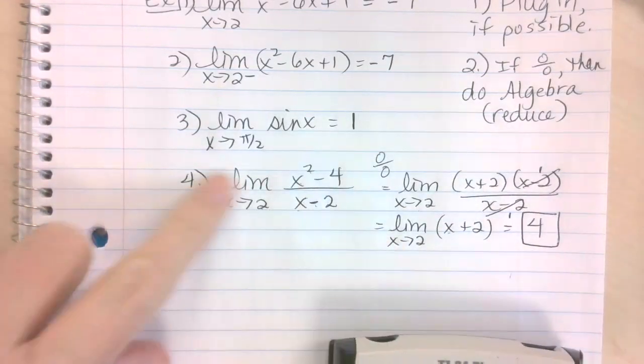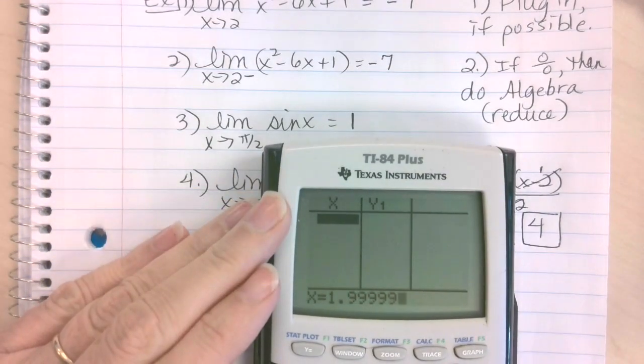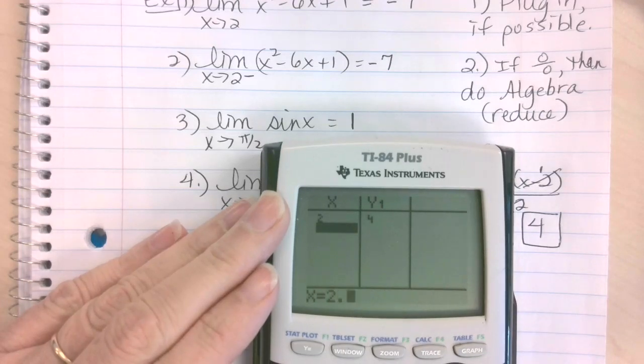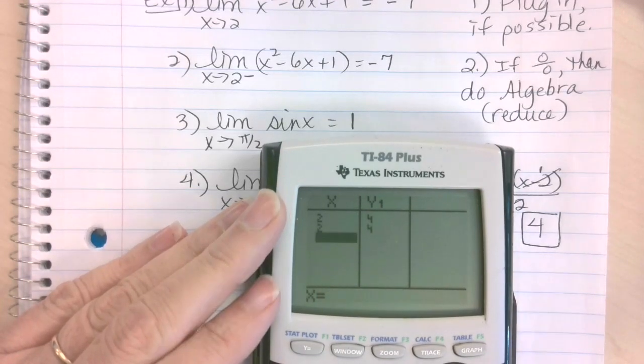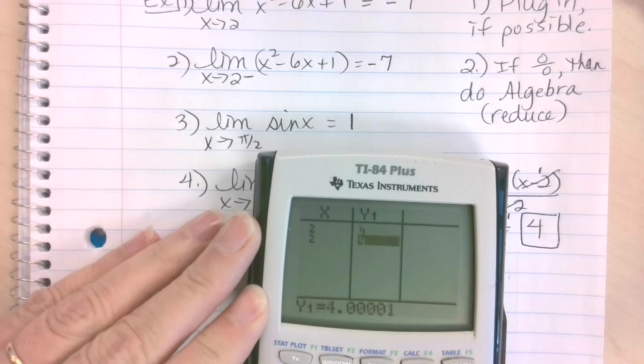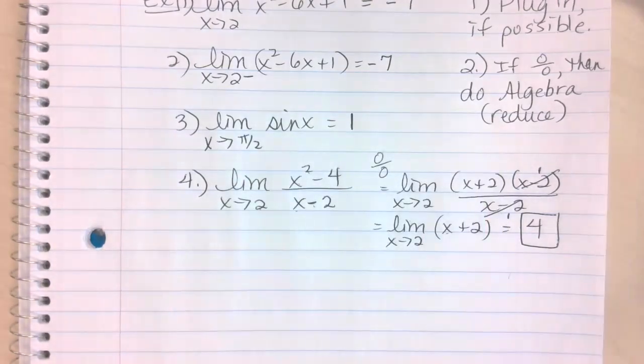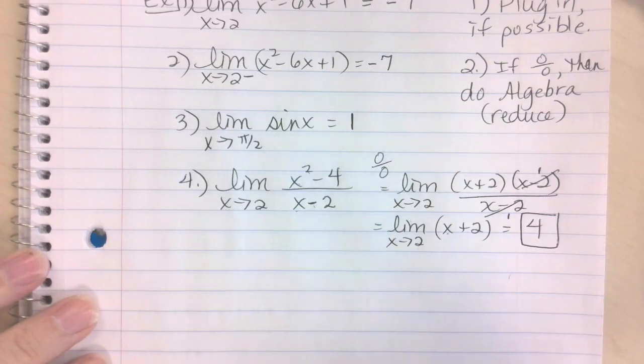And we want to put numbers to the right and the left of 2. 1.99999, 2.00001. Looky there, both sides closer and closer to 4. So that was if we got 0 over 0.